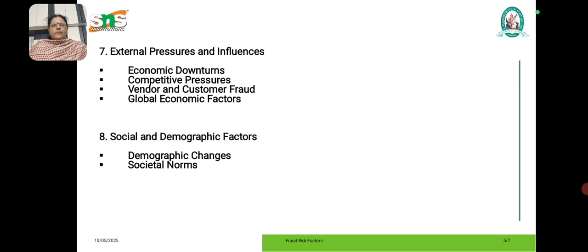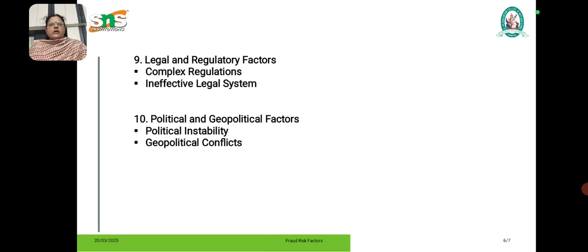And then political and geopolitical factors, that is political instability. If the government is not stable in a country or region, it may contribute to an environment conducive to fraud. And then geopolitical conflicts: geopolitical tensions may impact the organization's operations and increase fraud risk.